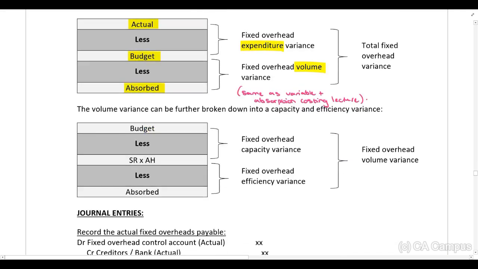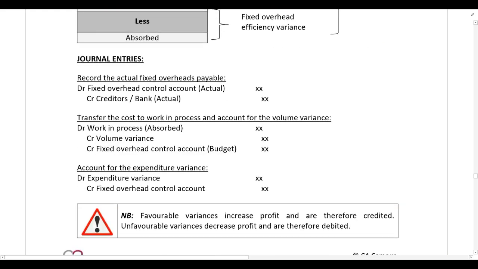The only difference is the volume variance can now be further broken down into a capacity and an efficiency variance. But I'm going to show you that calculation when we get to our lecture examples, and I'll also work through the journal entries with our lecture example.